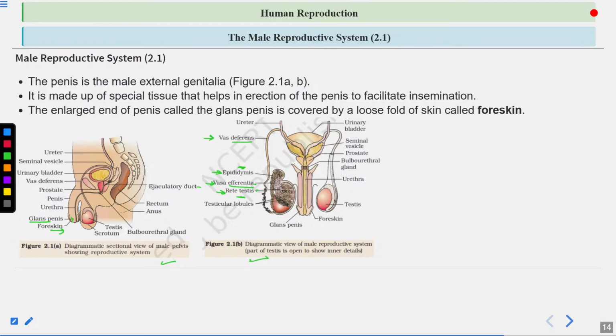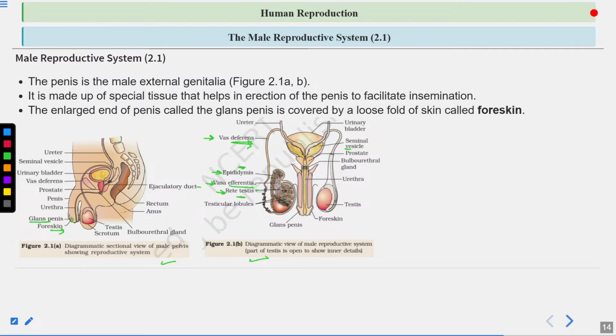And vas deferens are longer as compared to vasa efferentia. You can see they are longer, muscular tubes arising from the epididymis. So these are the differences between vas deferens and vasa efferentia. Another difference: the vas deferens combines with the duct coming from the seminal vesicles, and this fusion forms the ejaculatory duct.